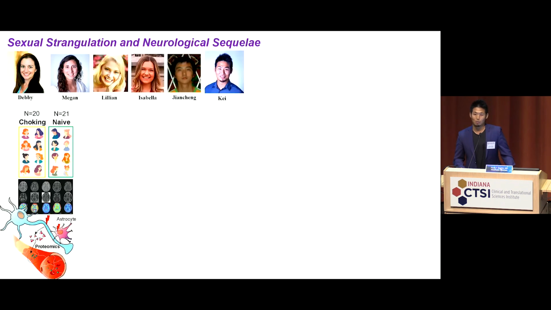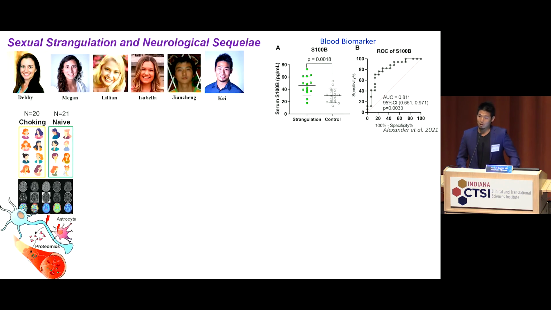So we talked to students who were interested in this type of research, and then we formed a team. This is a pilot study, and we recruited 20 people who had been choking at least 4 times a month for the past 6 months, and then naive controls. The blood biomarkers showed significant group differences.